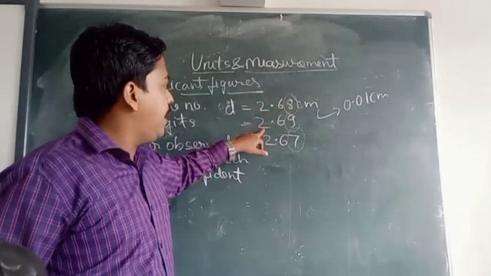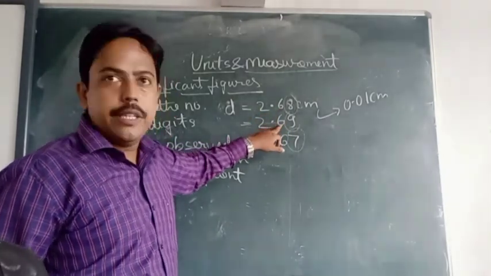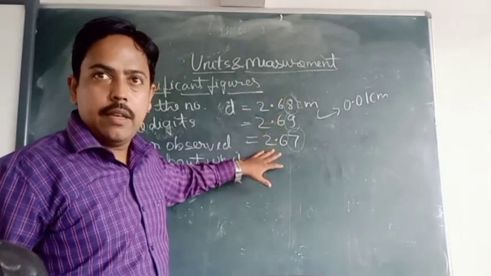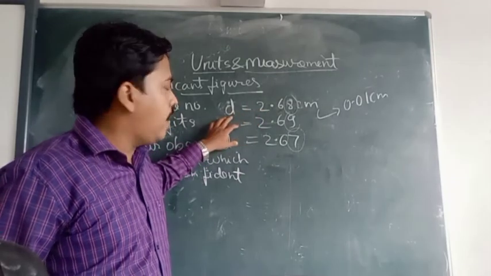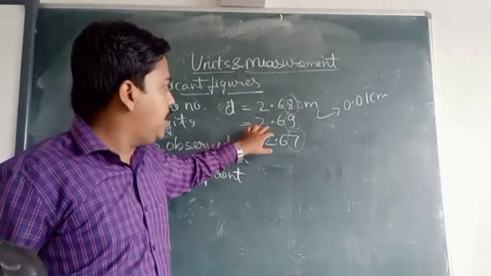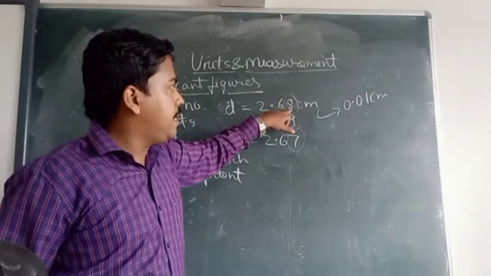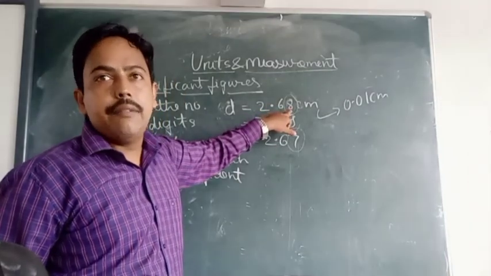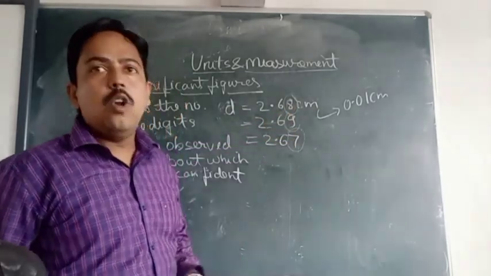In the same way, in the second step also we are getting the 2 digits which are not changing as we proceed to take the value of the diameter. Only the variable term is in the second digit after the decimal, so that is a non-significant digit.